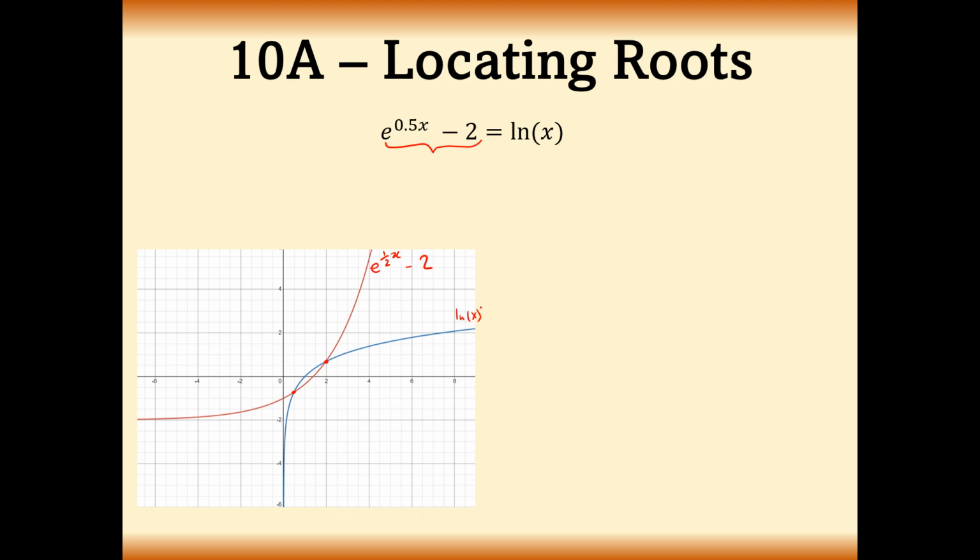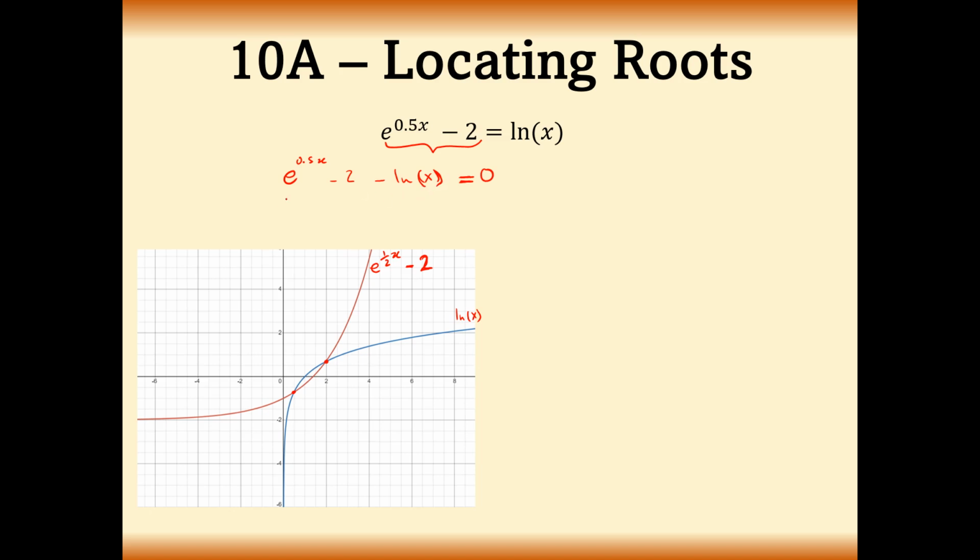Well, the strategy, in a nutshell, is to bring everything to one side of the equal sign. We can rewrite this equation as e to the power of half x, take away 2, take away log of x, which equals 0. This is not the only way to write it.